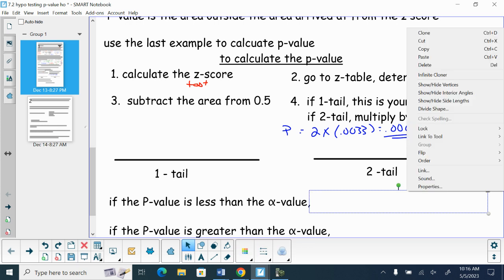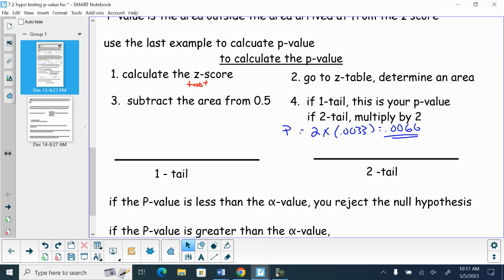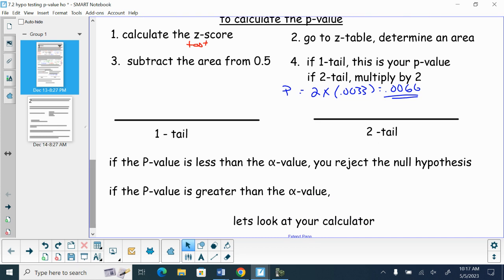If your p-value is less than the alpha value, you reject the null hypothesis. If your p-value is greater than your alpha value, then you fail to reject the null hypothesis.